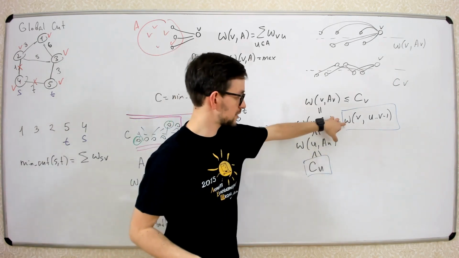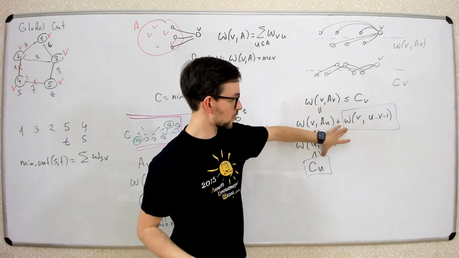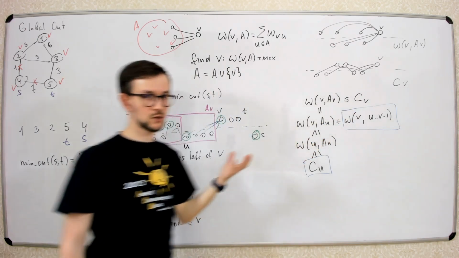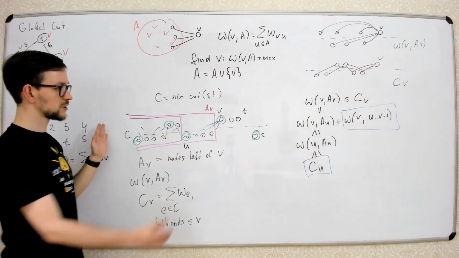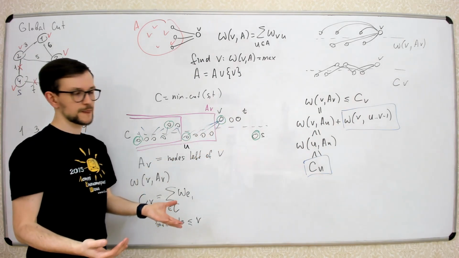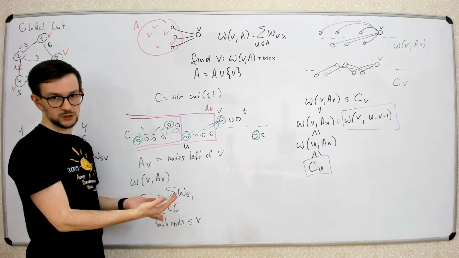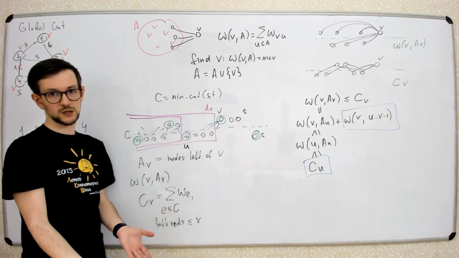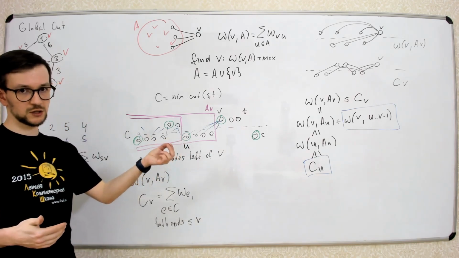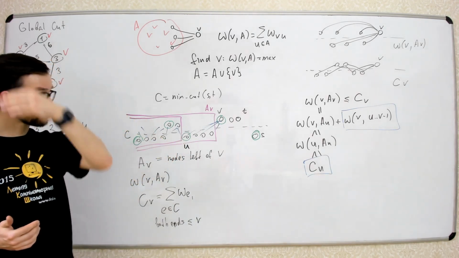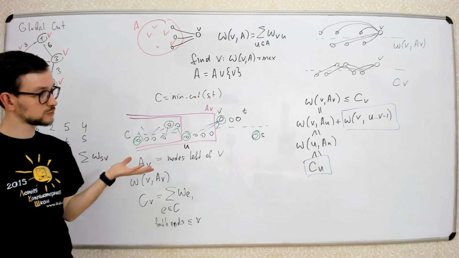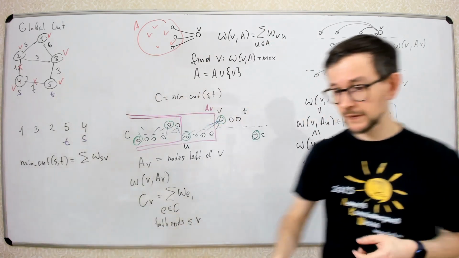So the sum of these two sets is less than or equal to the weight of C_V. Set C_V contains all the edges in this area which belong to the cut. So the total weight of these edges is not greater than C_V. That's all, that's the whole proof. Very simple, actually.